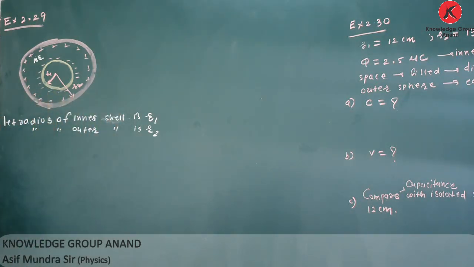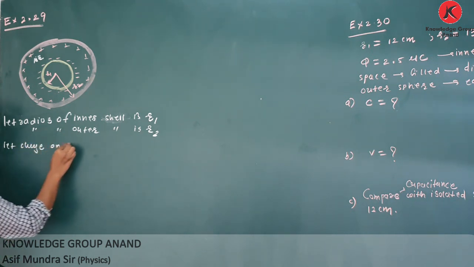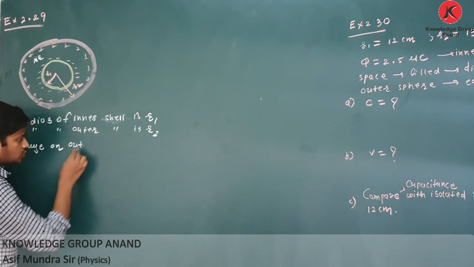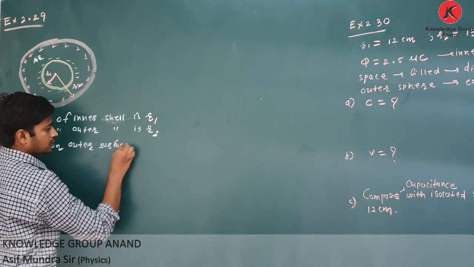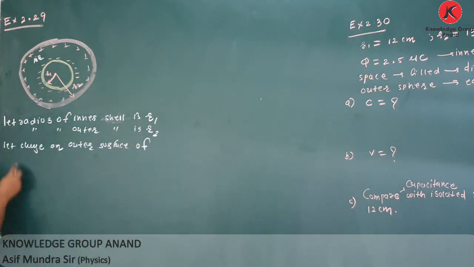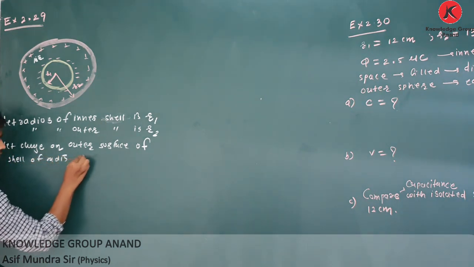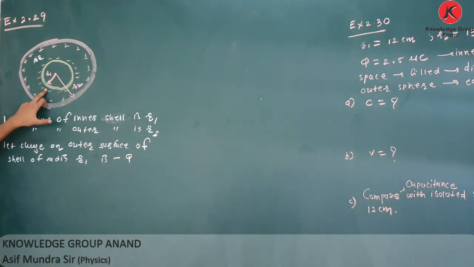Now, we are assuming charges. Let the charge on the outer surface of the shell of radius R1 be minus Q. Here it is minus Q charge.